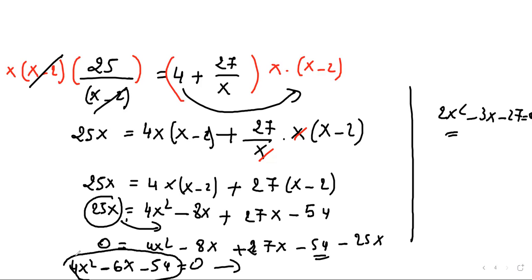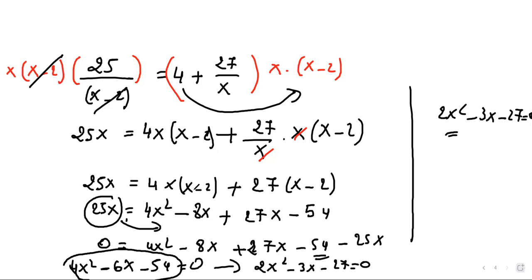Because 4 is a multiple of 2, 6 is a multiple of 2, and even 54 is a multiple of 2. So if I divide this by 2, I will get exactly 2x squared minus 3x minus 27 is equal to 0. So I've proved that this problem simplifies to solving this quadratic equation. So this is for C.